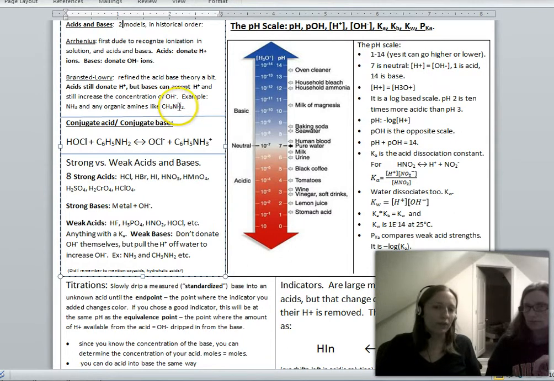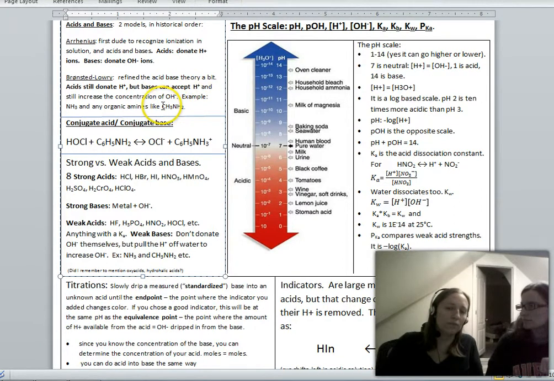But this amine group, the NH2, can do the same thing that ammonia does and accept an H. And so this would become CH3NH3 plus when it accepted the H plus, whereas when ammonia does it, it starts with NH3 and becomes NH4 plus, and then that would be the acidified version.